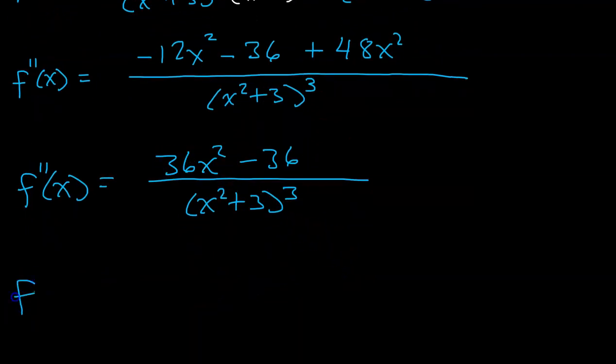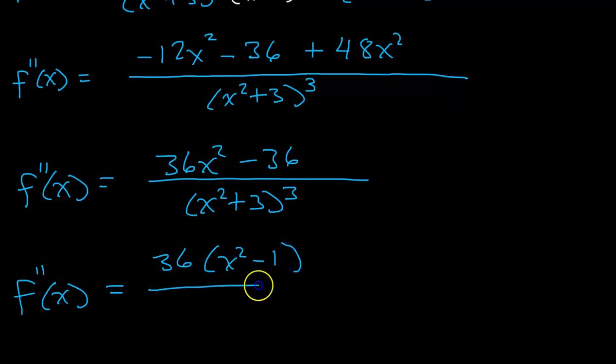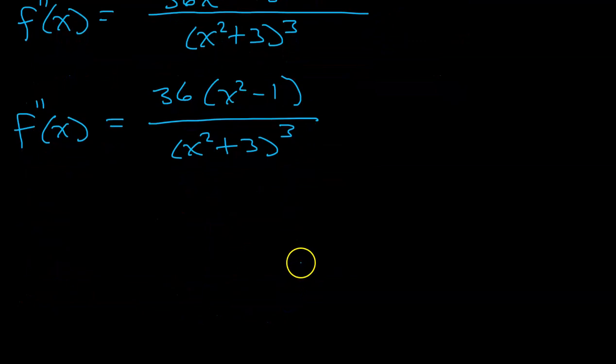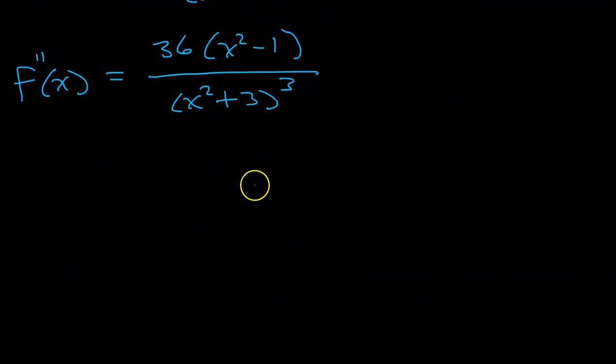I think that it will make it easier for me to evaluate later. So I'm going to write 36 times (x squared minus 1) over (x squared plus 3) cubed. All right, we did it. Okay, that was a long one in terms of finding the second derivative.